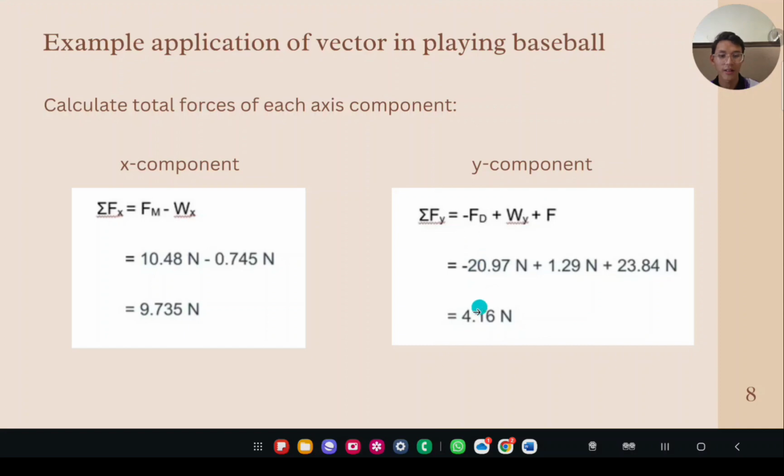So if we calculate, negative 20.97 plus 1.29 plus 23.84, we will get 4.16 Newton.